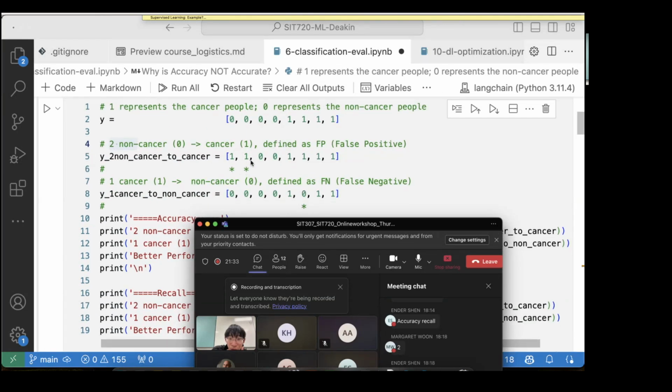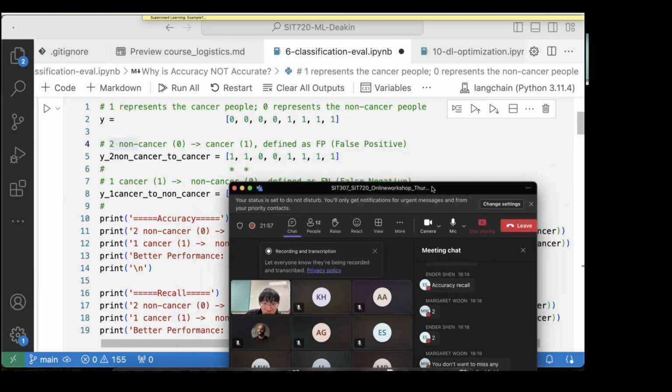So here, do you have false positives? Yes, you have 2 false positives. But here, you don't have false positives, because the only incorrect prediction is a negative label. It is predicted as a negative label. So here is a false negative.